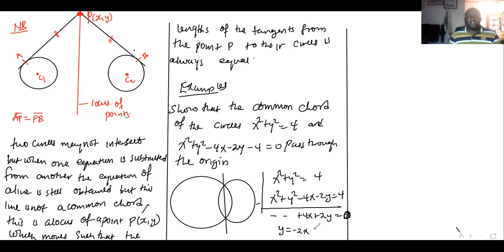The moment you don't have a constant, the chord passes through the origin. Because when x is 0, y is also what? 0. So they have said, show that the chord passes through the what? The origin. So since y is equal to negative 2x, hence the chord passes through what? The origin.